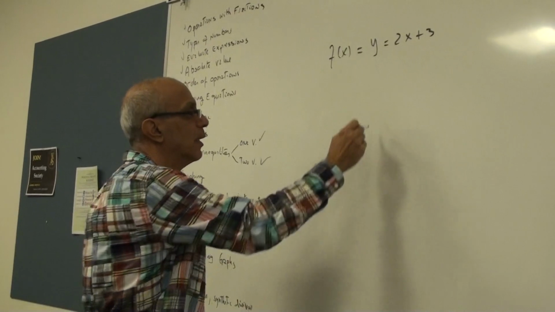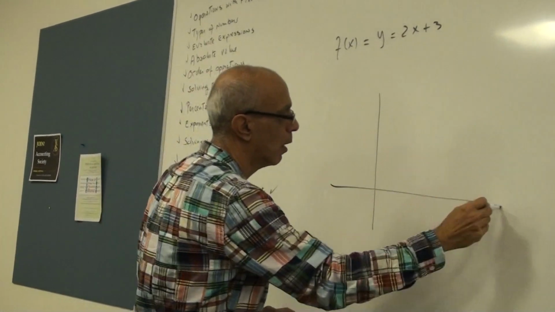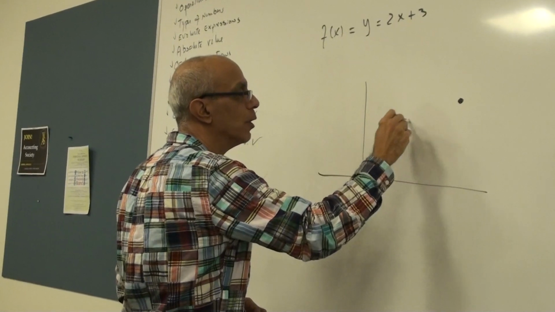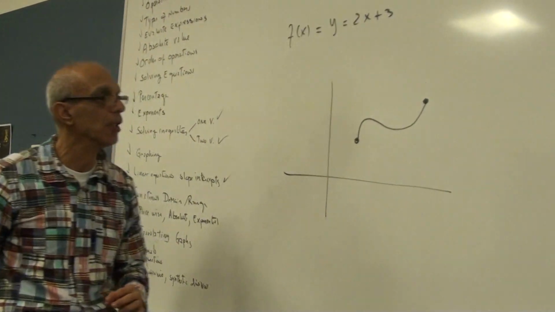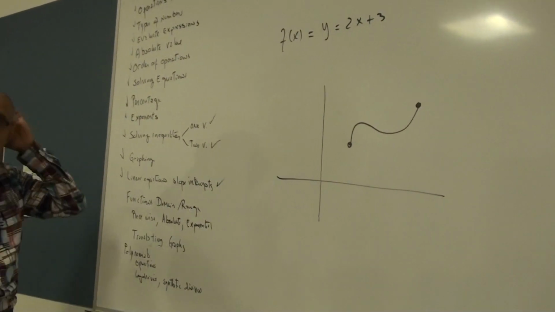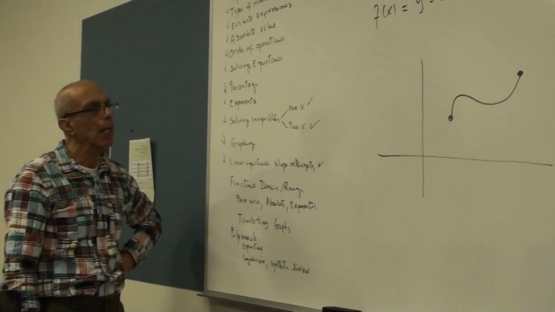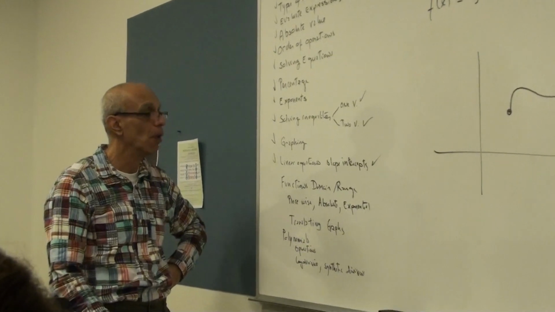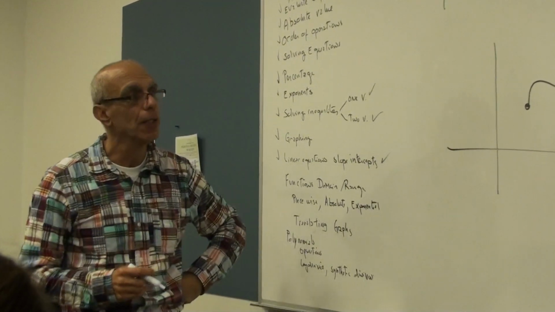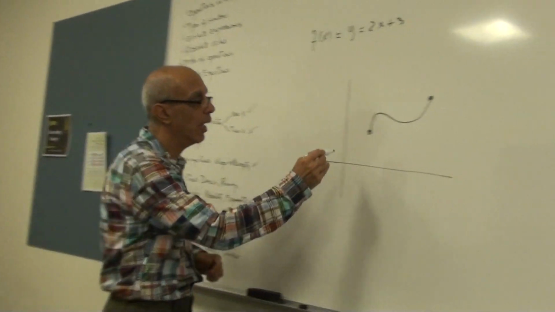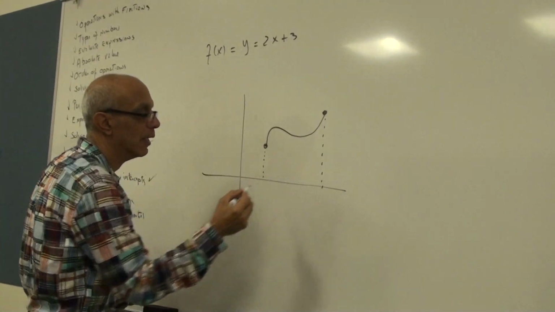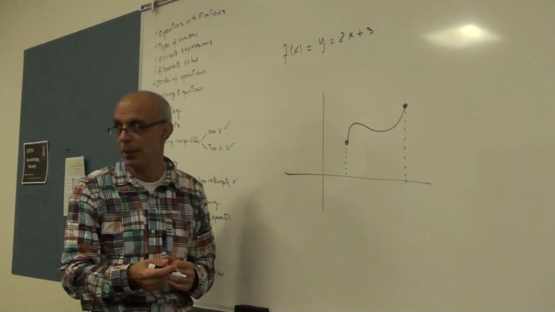Now, let's say I have a function that is between only these 2 points. It is important to be able to identify what they call the domain. The domain are those values of x that this function exists, okay?